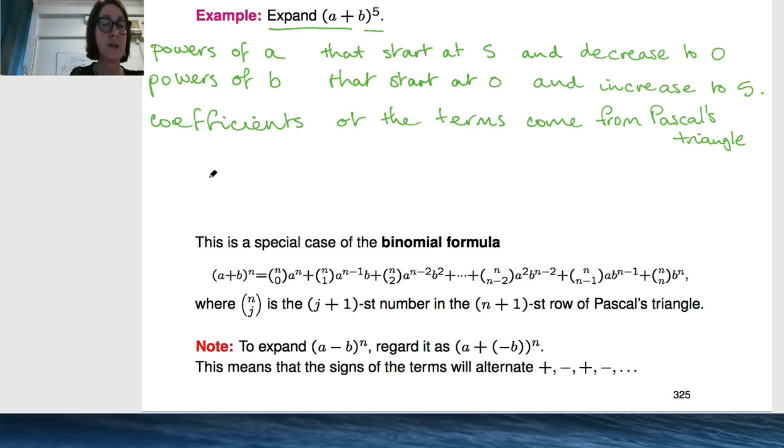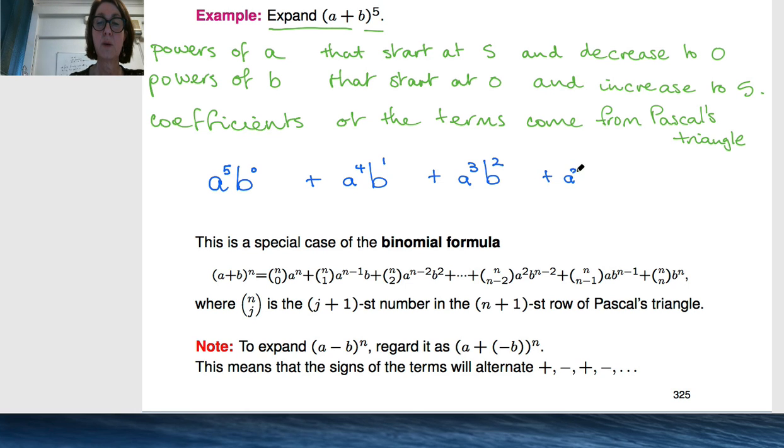Okay, so let's try and put this together. We're starting off with powers of a that start at 5. So what do I mean by that? Well, we're going to have a term that's got an a to the 5 and it's going to have a b to the 0 multiplier. The next term is going to be a to the 4th times b to the 1. Then we're going to have a cubed times b squared.